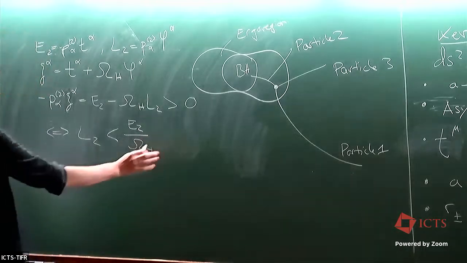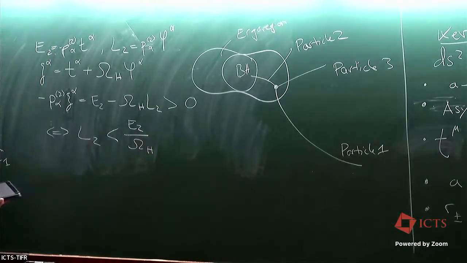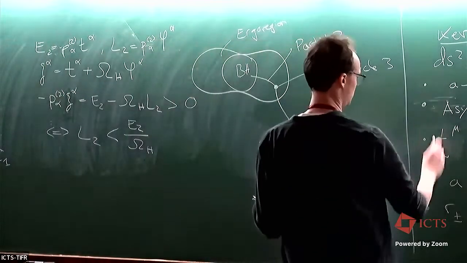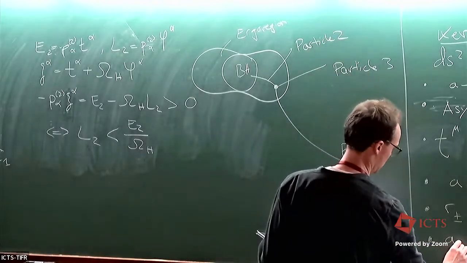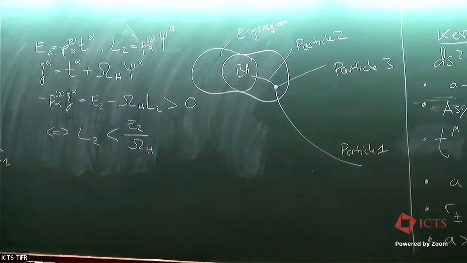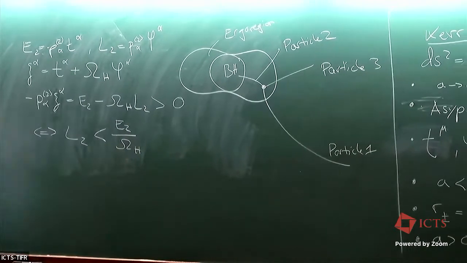Of course, omega H doesn't have to be positive, but we fix the rotation to be, if we pick A to be positive, which you can always do without loss of generality because you can just do a flip of the axes, then this is positive, and so L2 is negative.